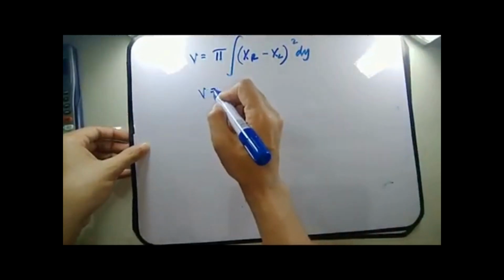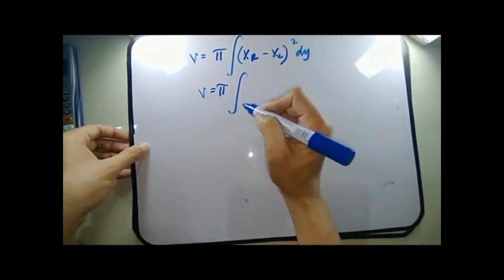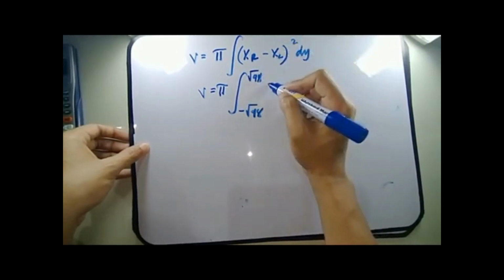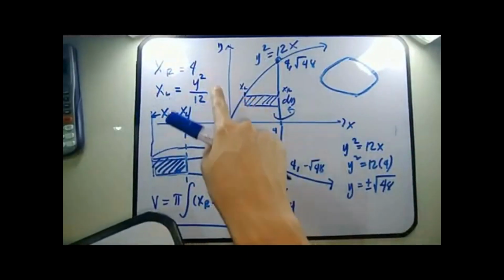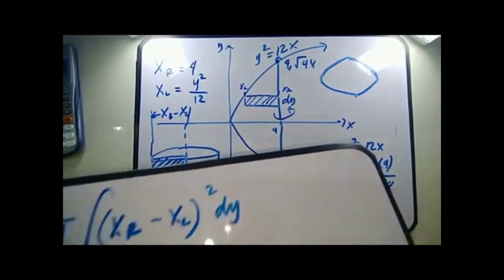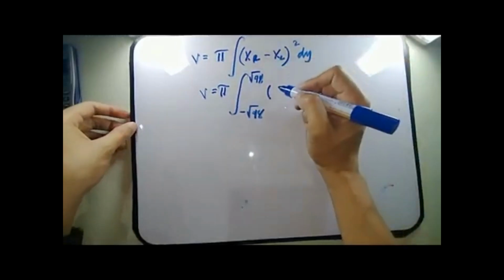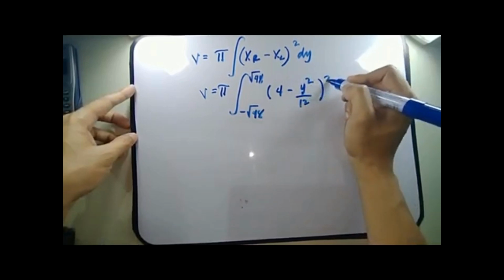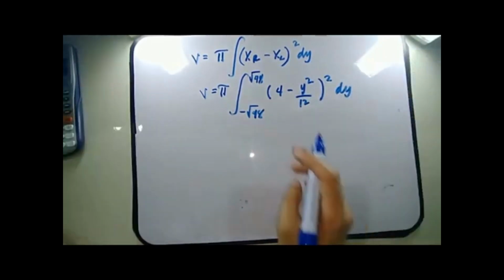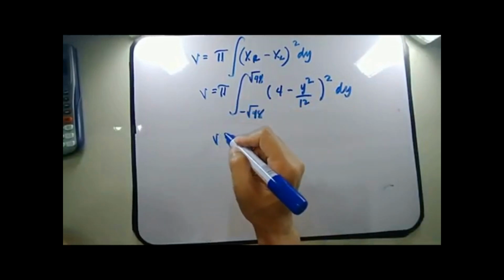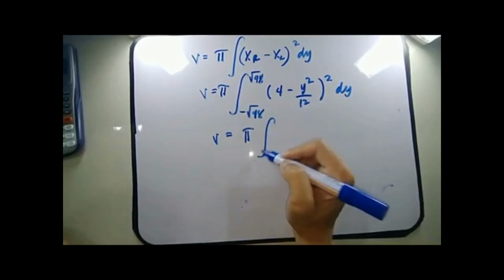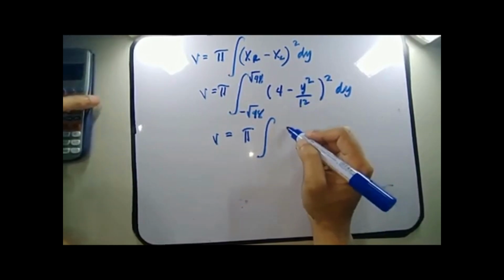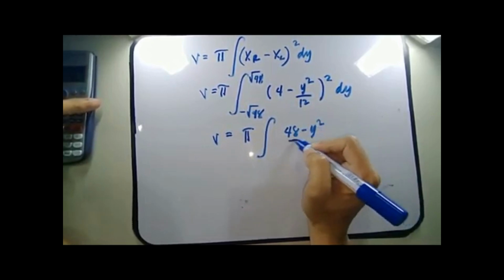So, volume equals pi integral from negative square root of 48 to square root of 48. The xr is 4, the xl is y squared all over 12. So, this will be 4 minus y squared all over 12, squared, dy. Now, let's expand this, guys. Volume equals pi integral of, let's multiply 12 by 4. That will be 48 minus y squared over 12.